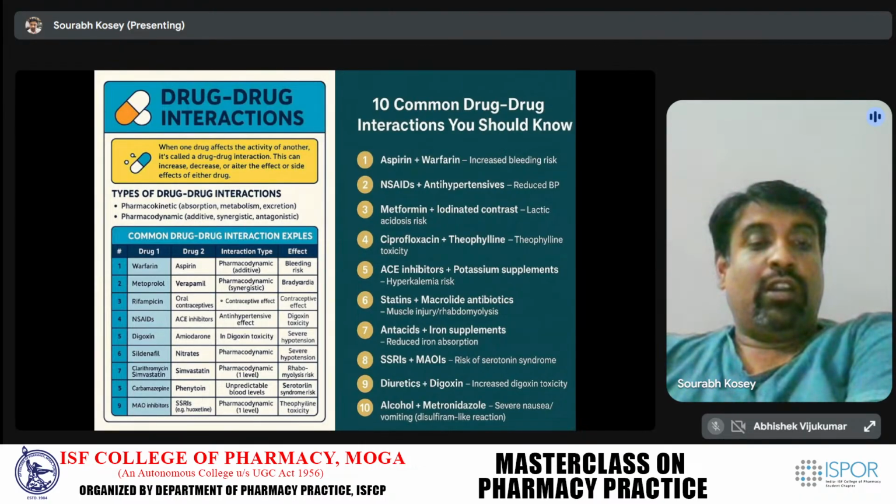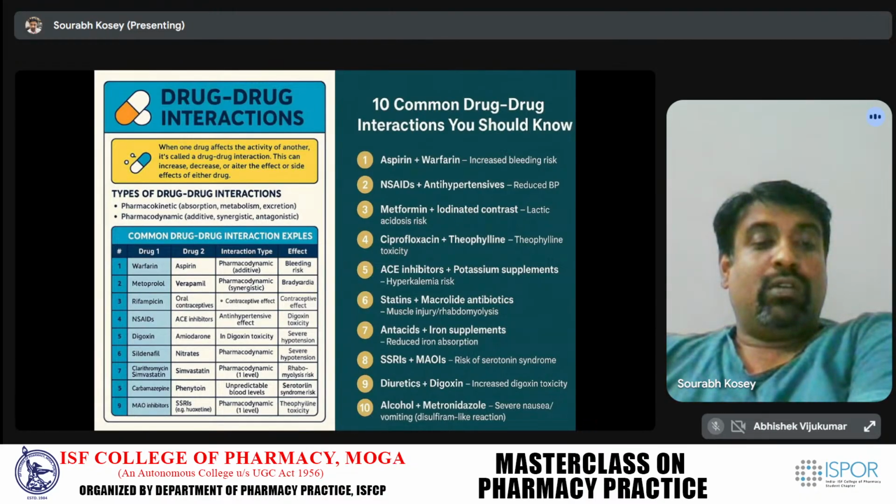Then metoprolol and verapamil, a pharmacodynamic one, cause bradycardia. Rifampicin with oral contraceptives may reduce the contraceptive effect. NSAIDs and ACE inhibitors reduce the antihypertensive effect.